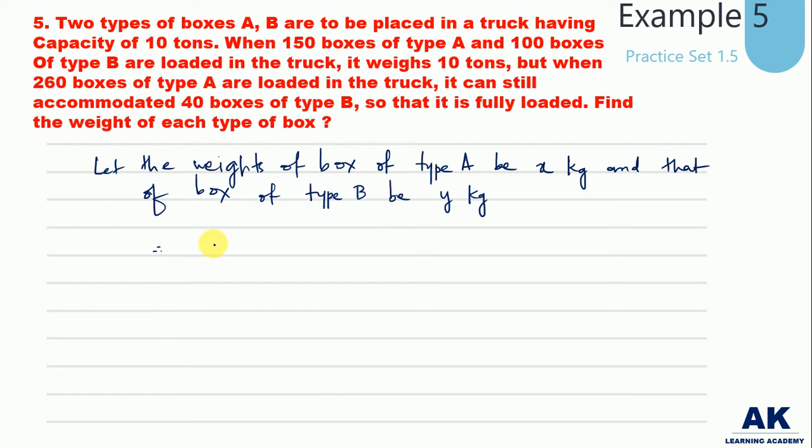Therefore we know that 1 ton is equal to what? 1000 kg, right? Therefore 10 tons is equal to 10,000 kg, right?